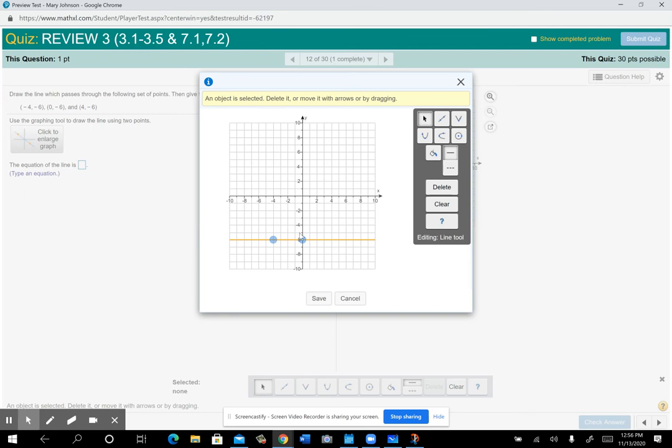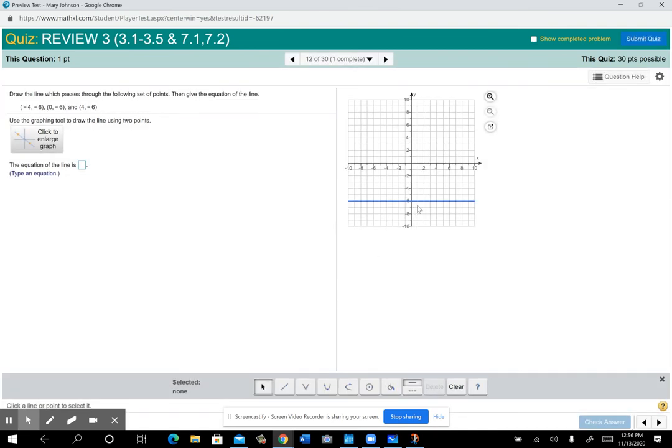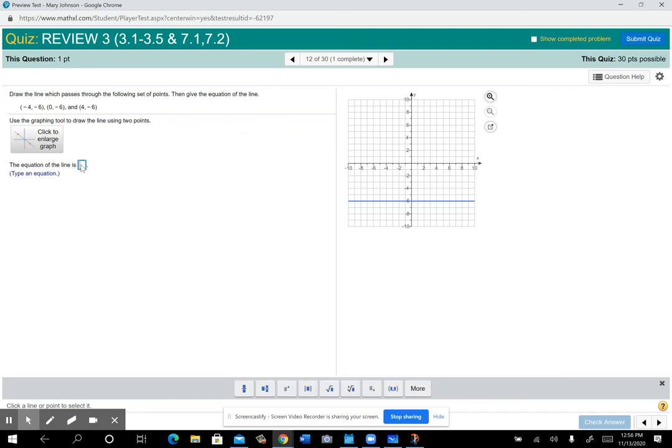point on there. So what I'm trying to get the equation for is this line that is down here at -6. And what you're trying to do when you write the equation is tell somebody what's true about every point on that line. And so you see how on that line, all the y's would be -6?